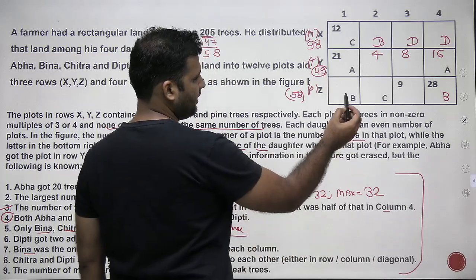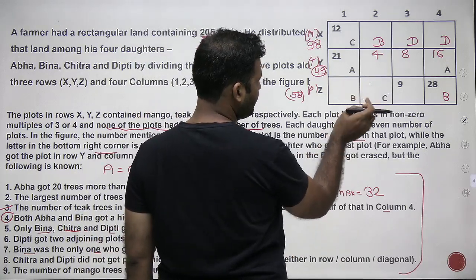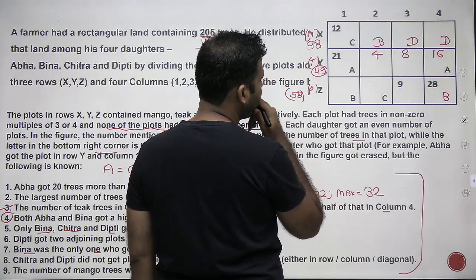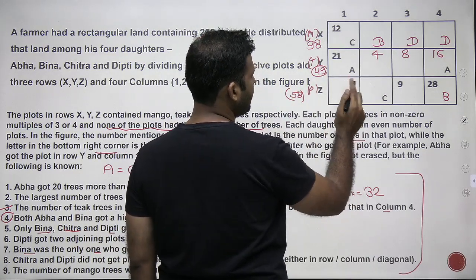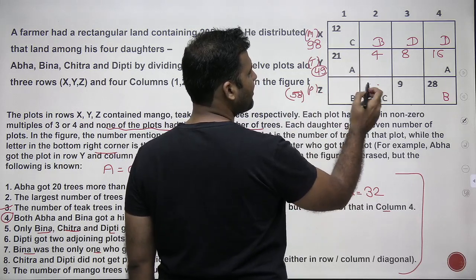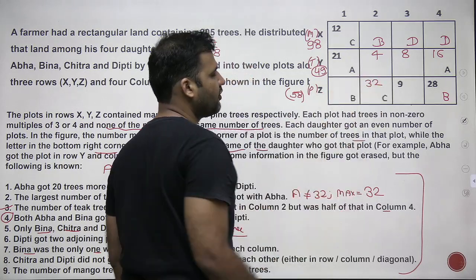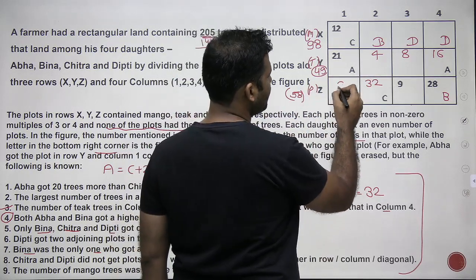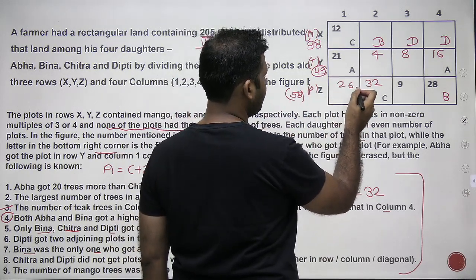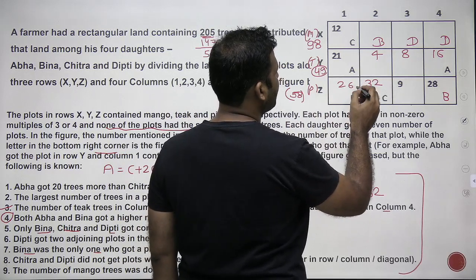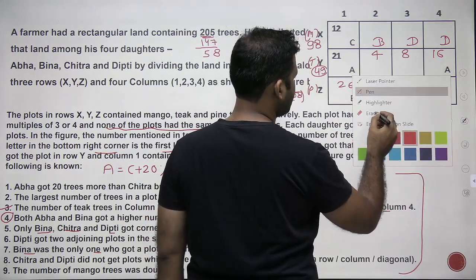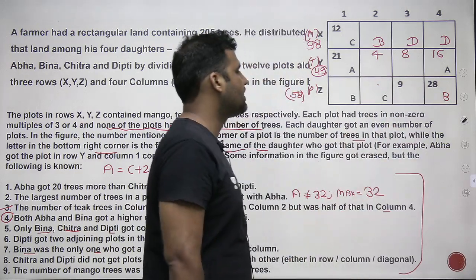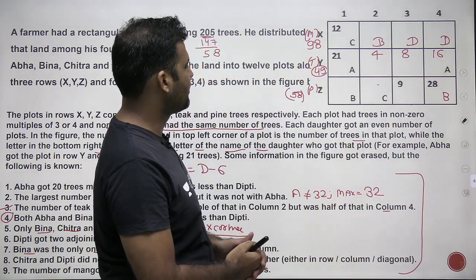So these two values will definitely be equal to 58. What are the possible combinations for 58 here? If any of these columns has, let's say, 32 trees, then the other plot will have 26, 6 plus 2, 8, 3 plus 2, 5. That's a possibility. We cannot say this for sure. 32 and 26 is just a possibility.